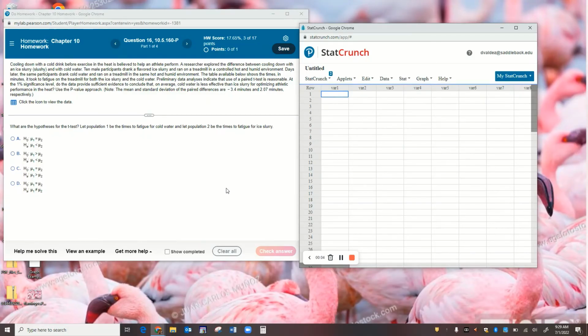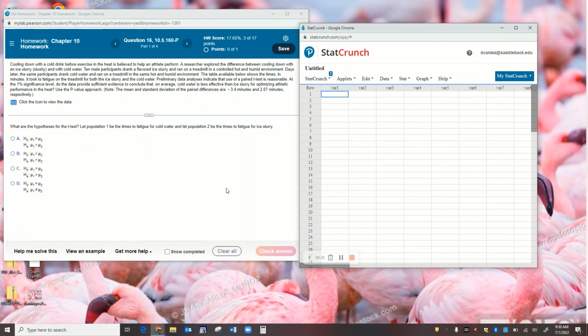Okay, here is question 16. Cooling down with a cold drink before exercise in the heat is believed to help an athlete perform. A researcher explored the difference between cooling down with an ice slushy, and with cold water. 10 male participants drank a flavored ice slurry and ran on a treadmill in a controlled hot and humid environment.